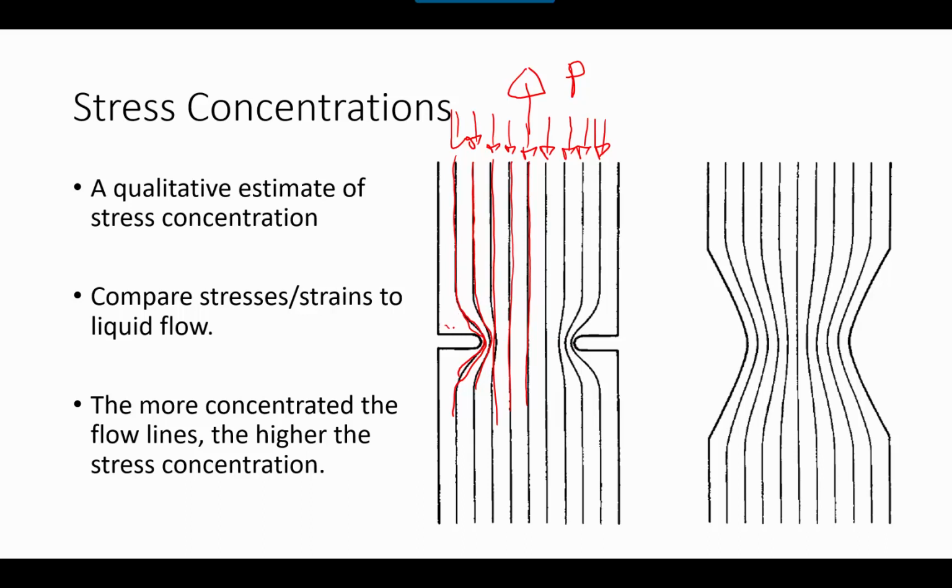And that there might even be, in some case, some stagnation zone over here, this little corner, where the material or the fluid does not move at all, right? Things do not flow in, things do not flow out. So this fluid flow concept is exactly what we're looking for. The lines of the fluid, or the fluid pressure, is expected to increase around the bend of that notch, right?